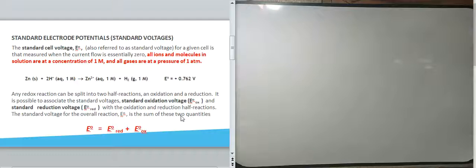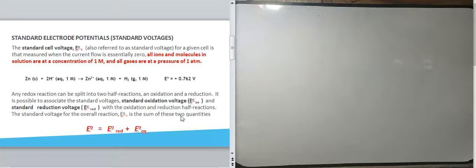So therefore, the standard cell voltage, or E naught, also referred to as the standard voltage for a given cell, is that measured when the current flow is essentially zero. It is where all ions and molecules in a solution are at a concentration of 1 molar and all gases are at a pressure of 1 atmosphere.